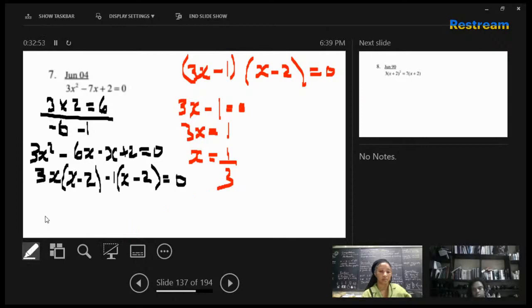Or x minus 2 equals 0, and we're going to add 2 to both sides, so x would be positive 2.